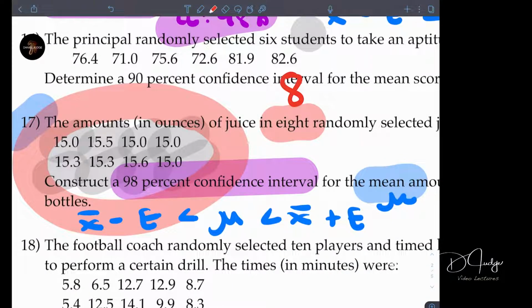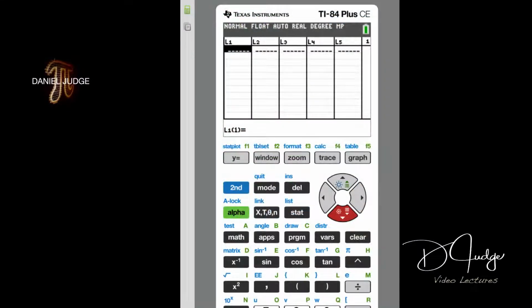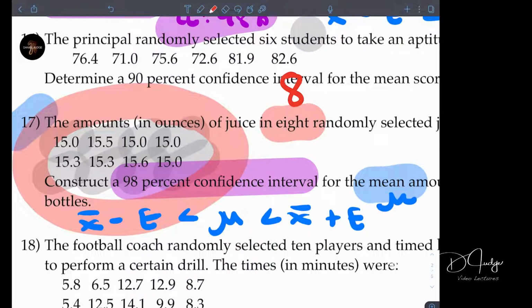So I'm going to do it by the row: 15, 15.5, 15, 15. 15, enter. 15.5, enter. 15 again, and another 15. So this is my first 4 values, my first row.